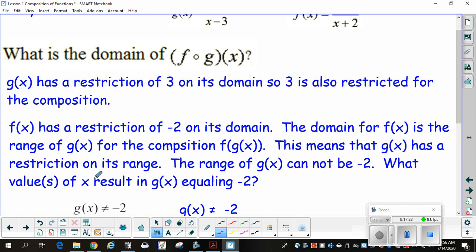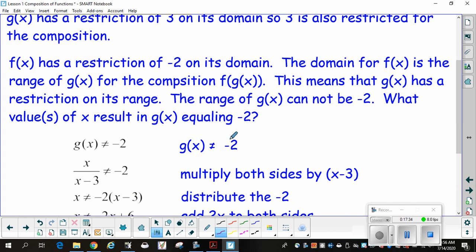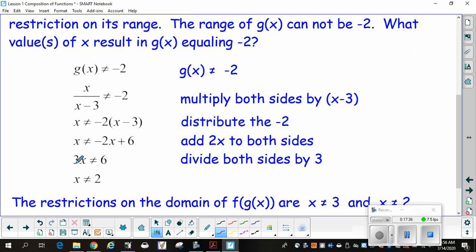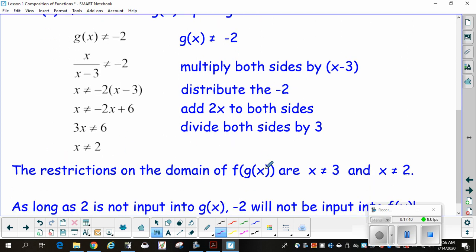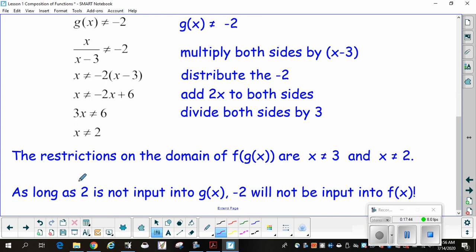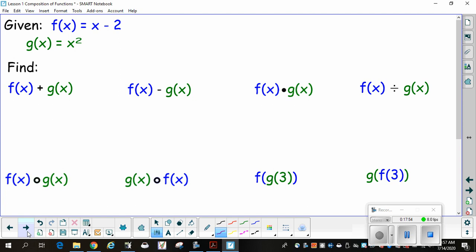What value or values of x result in g ending in negative 2? Turns out that it's 2. So the restrictions on the domain of f of g of x are 3 and 2. As long as 2 is not input into g of x, negative 2 will not try to get into f of x. A little tricky, I know.